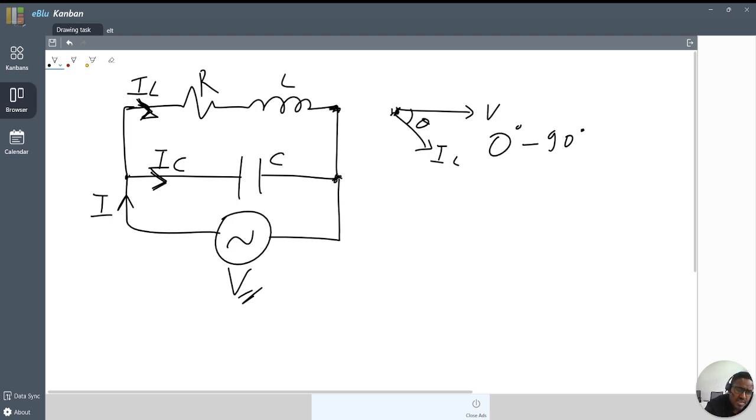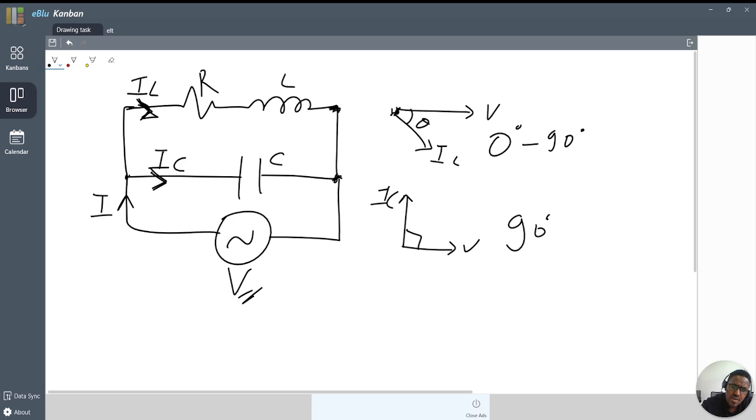In the second branch, there is only a capacitor, so the current leads and the voltage lags by 90 degrees. That is the nature of the reactance of a capacitor.